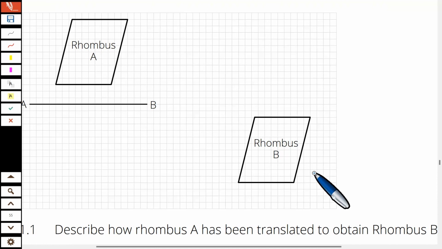Look at it carefully and think about the transformation that led to that. One more minute. One more minute.